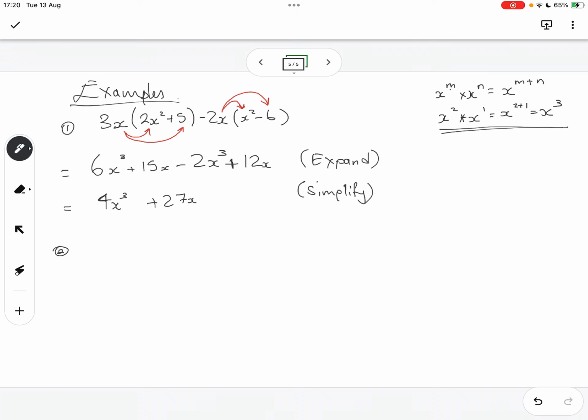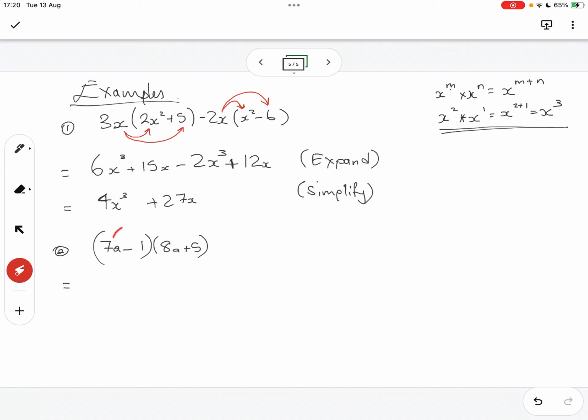So let's do the second example. It's 7a minus 1, and then the second bracket is 8a plus 5.